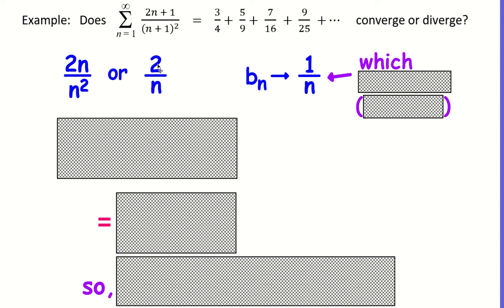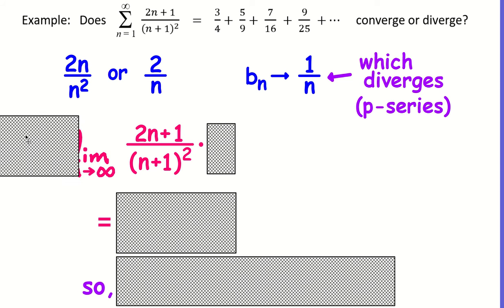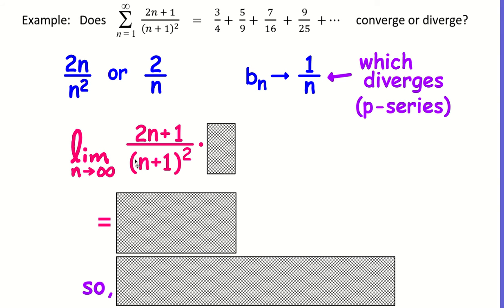We're not even going to go with 2 over 1. We're going to go with 1 over n. I bet each one would work, but we're going to go with 1 over n, and like I was just saying, our comparison series is a p-series which diverges. Remember, it's that infamous harmonic p-series, but it does diverge.